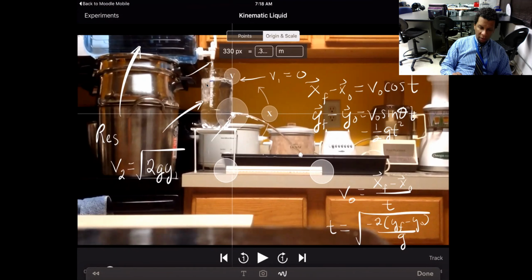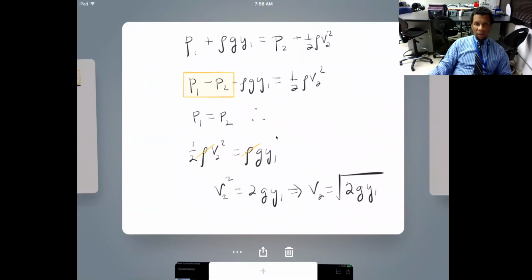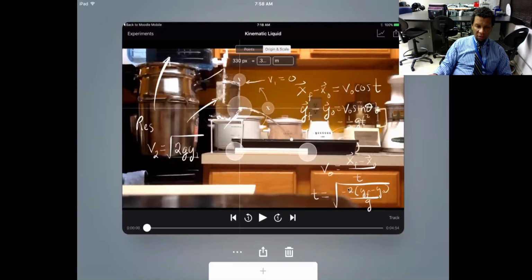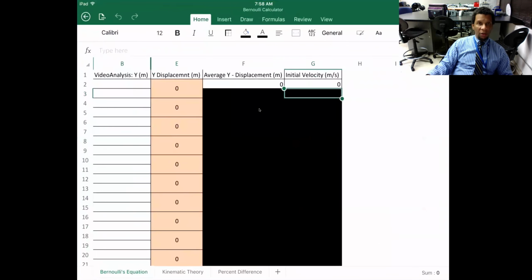If I bring this back, here's our theory. We need 2gy. That's it. So that lets you know the only data set that you need in this calculator for Bernoulli, to calculate the initial velocity for Bernoulli, is the Y data section.